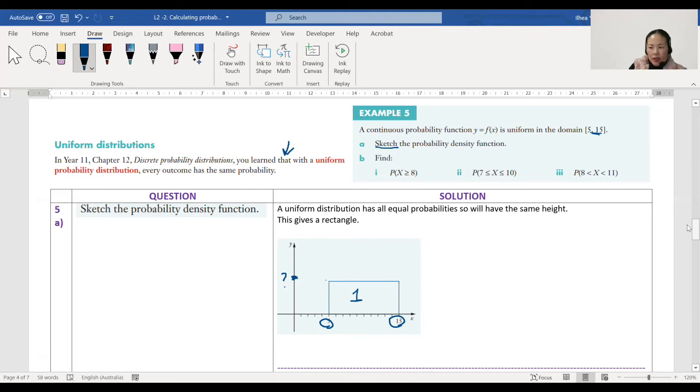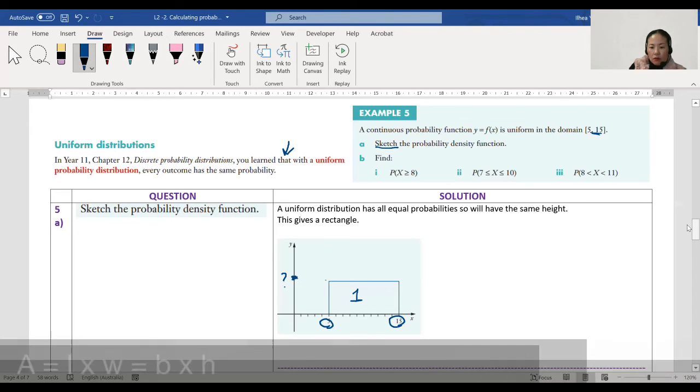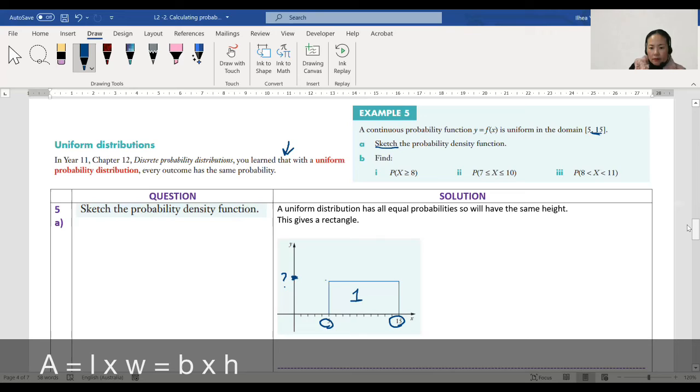Using the formula of the rectangle, length times width equals the area, which is 1. So area equals base times height.